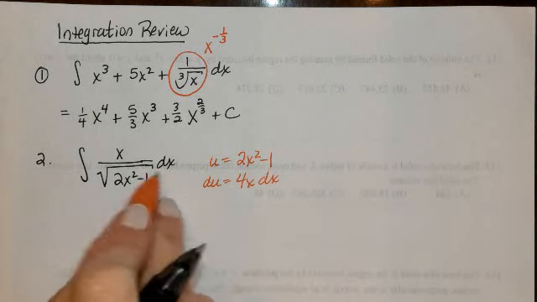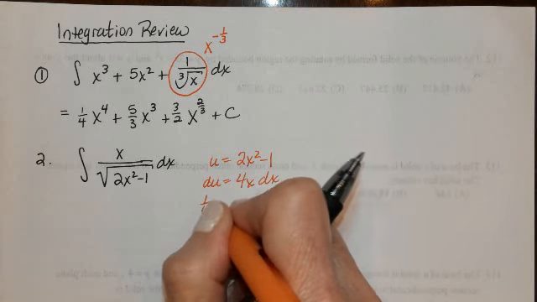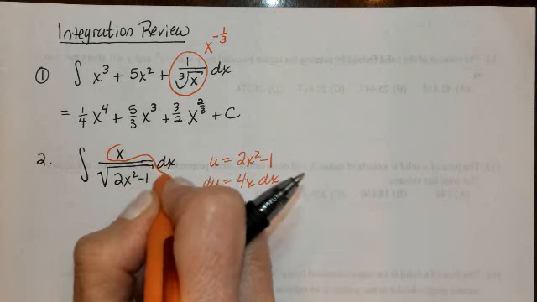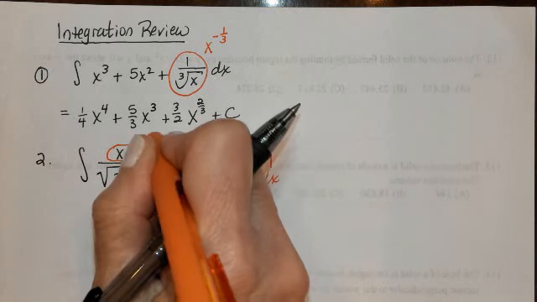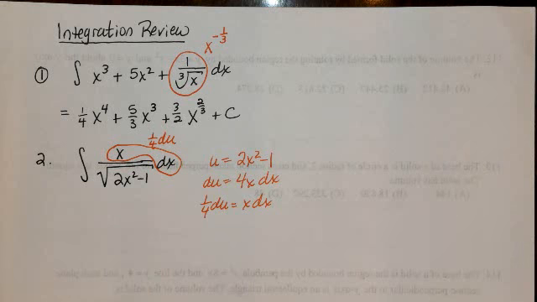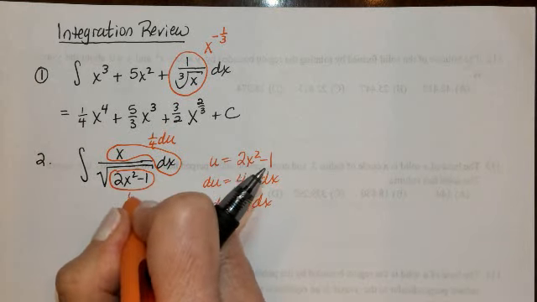I have the x dx, so I need to move the 4 over, right? So 1/4 du is x dx, and now I can replace x dx with 1/4 du. Replace that. Okay, and inside this radical I have the square root of just u.